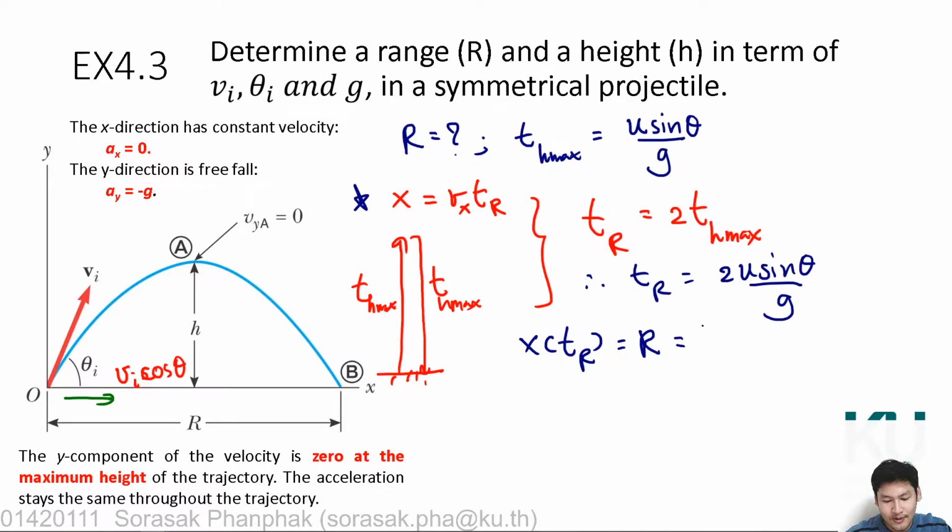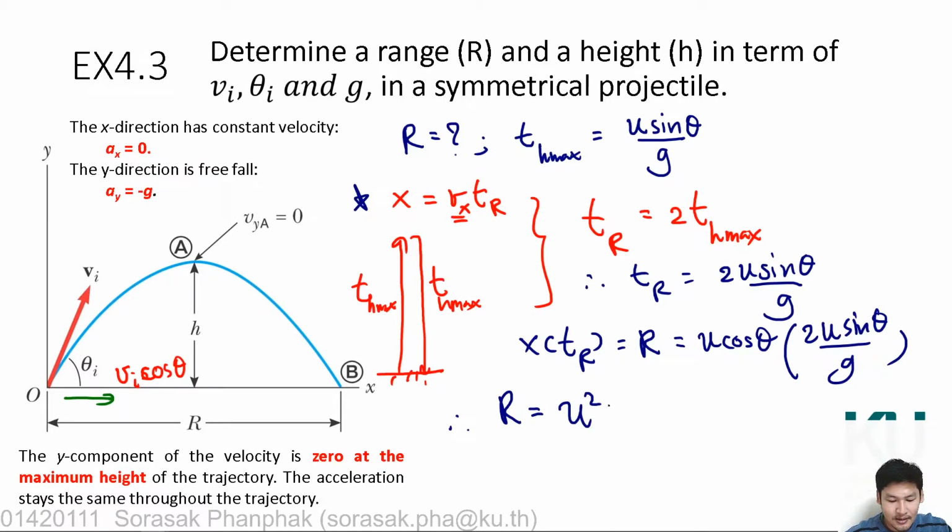So that equals Vx, right? Vx is u cos theta, and sub in t as 2u sine theta over g. So you're going to get the range as u squared sine theta cos theta over g multiplied by 2.